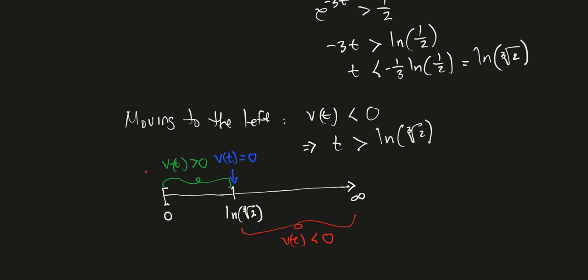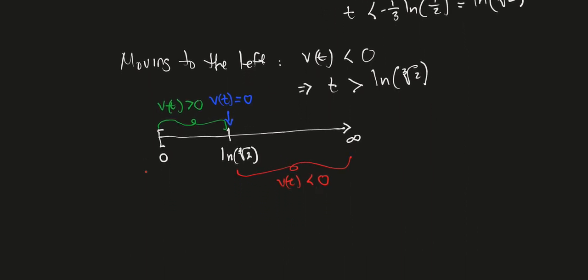So we can write a sentence summarizing the motion in terms of the direction and when it's at rest, right? So at t equals the ln of the cube root of 2, the object is at rest.